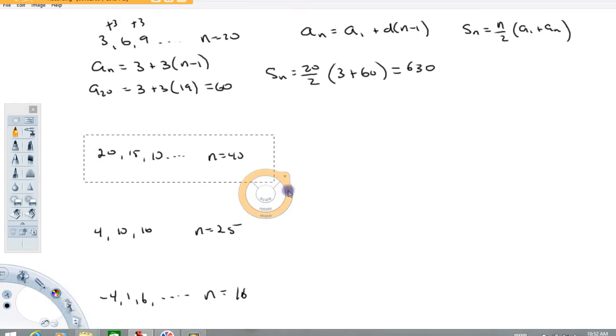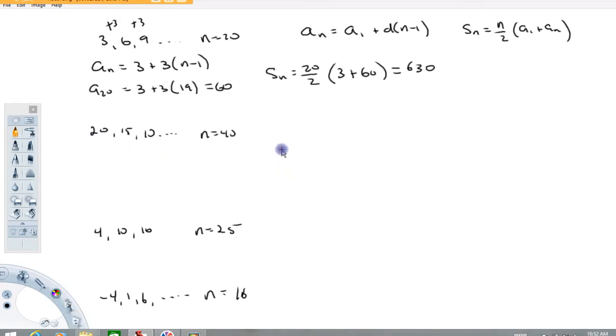All right, we're going to take a look at this example. I'll probably need a little more room. All right, going through the same process here. So first thing we're going to do is we're going to need a formula for the a sub n's. A sub n is going to equal our starting point, 20, plus, okay, the difference now from here to here, we have to subtract 5. Again, we're subtracting 5 and so forth.